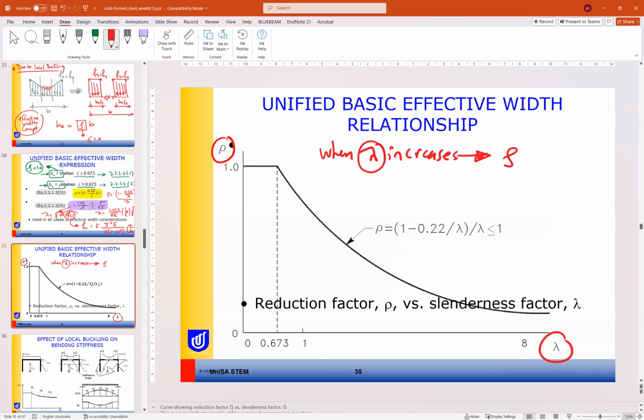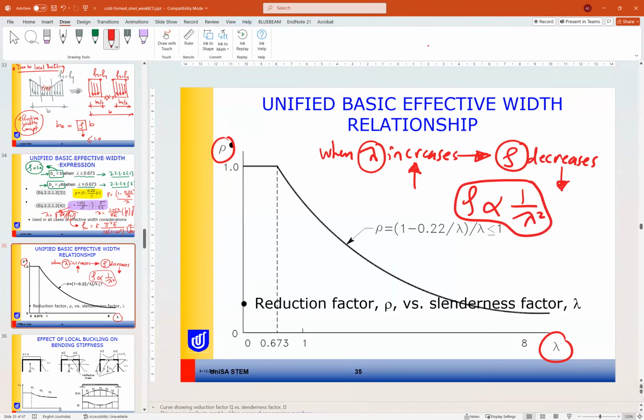Rho decreases. So lambda and rho are inversely related, and the relation is quadratic, which is why you can see a quadratic curve.